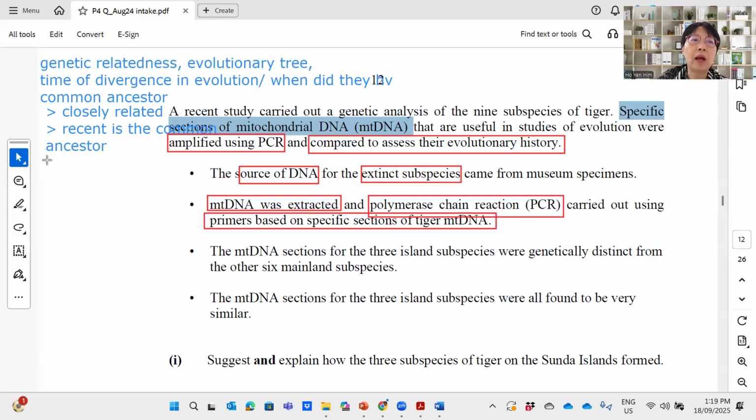So you know that primer is a short single-stranded DNA with complementary bases in order to bind to a specific region of the mitochondrial DNA. So mitochondrial DNA is a circular DNA, so let's draw circular DNA, okay? And it is also double-stranded, so let me draw. I hope I can get it drawn double-stranded.